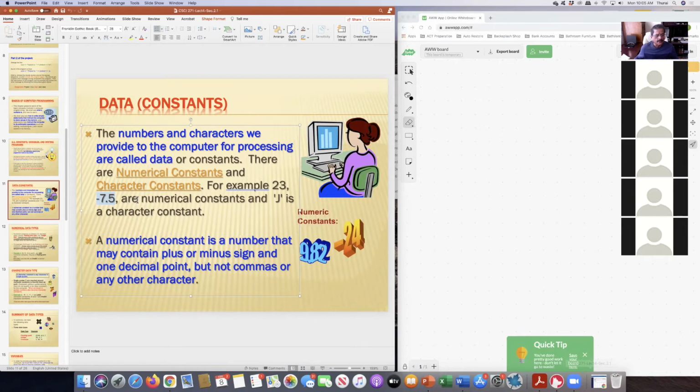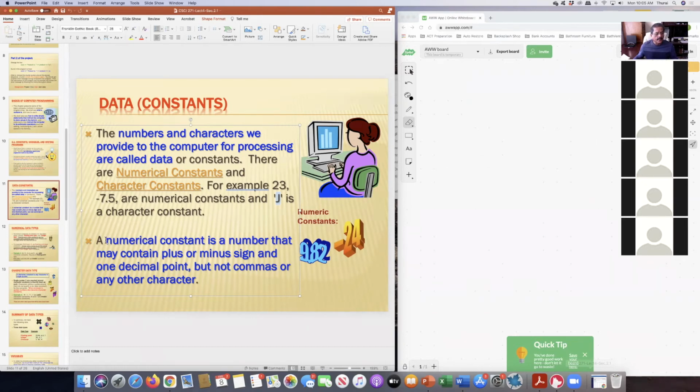Character constants are symbol characters like J, one character only. You cannot have multiple characters. Only one character can be used as character data, and it will have a single quote around it. So any character that you want to use as data, you have to put single quotes around it. Only then it will be character data.